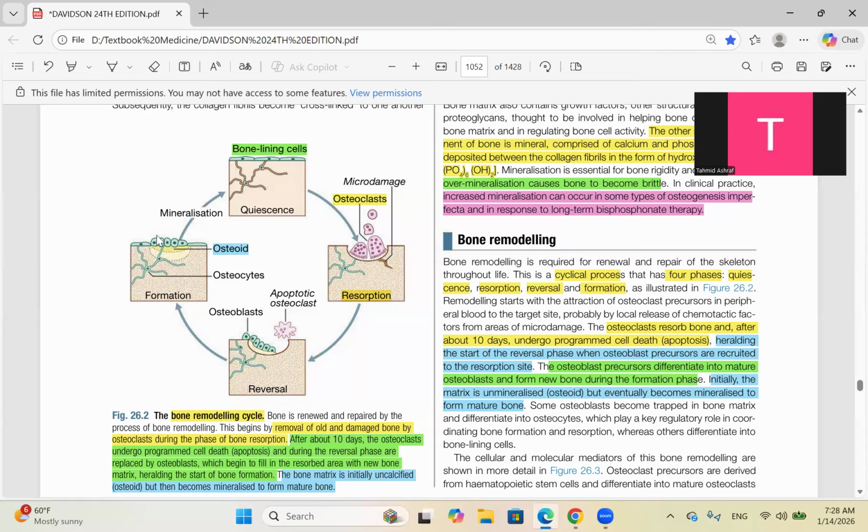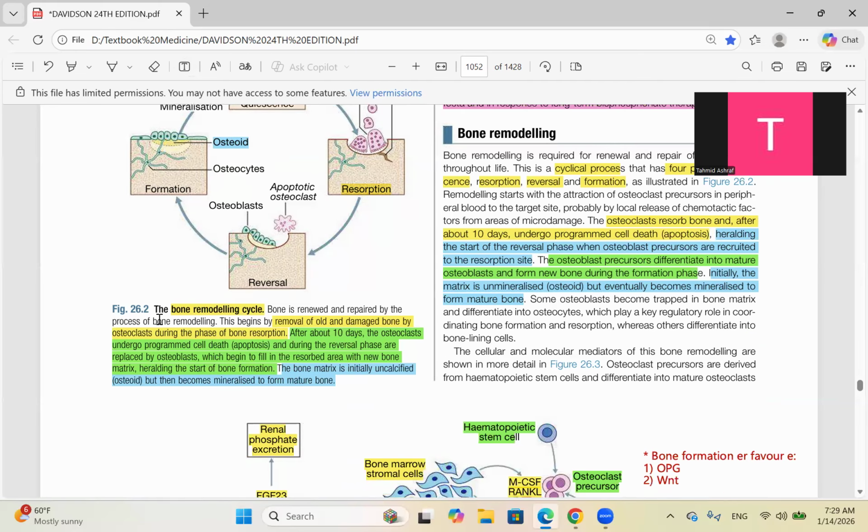When lots of calcium is deposited, the bones become a hard, compact structure. When there is very little or no mineralization of calcium in the bone matrix, that structure is called osteoid. So osteoid has no or very little calcium. Okay, these are the different phases of the bone remodeling cycle.